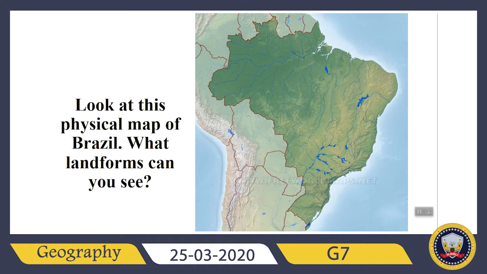Okay, so now look at this map of Brazil, and what landforms can you see? Let's see what we can see. Now, first of all, the colors, even though here we can see something looking like mountains, the color of these mountains is never as dark as the color of the mountains in Mexico, right?